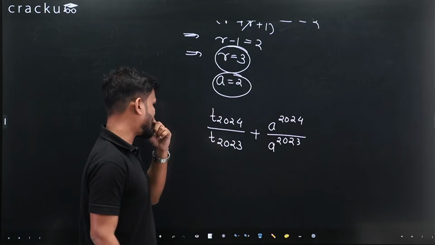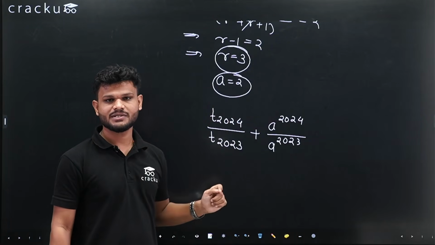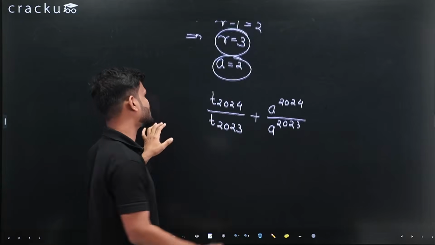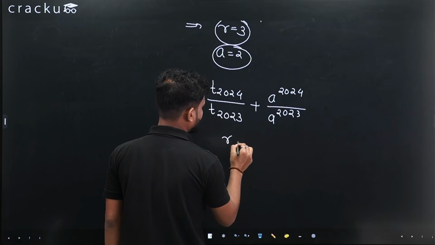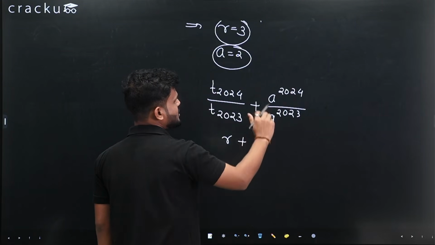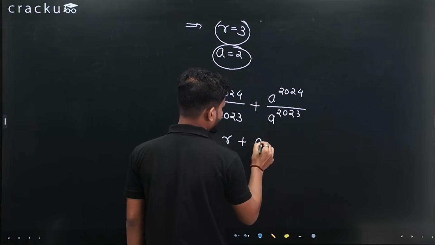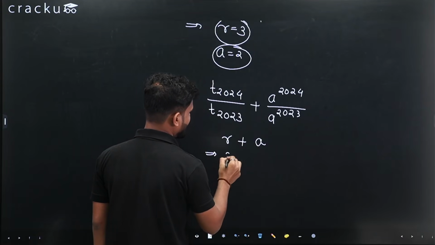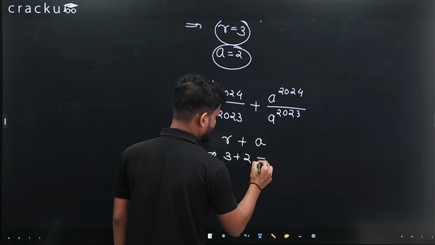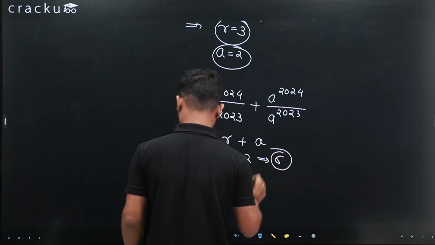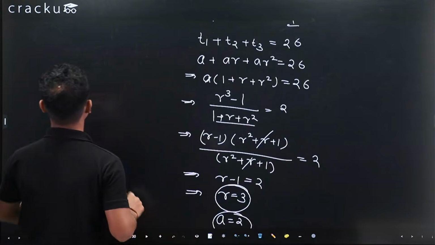Now these two are consecutive terms, so the ratio of consecutive terms is constant. This is nothing but r, plus a raised to 2024 divided by a raised to 2023 is nothing but a. So r is 3, a is 2. So 3 plus 2 is 5. So the answer to this question will be 5.